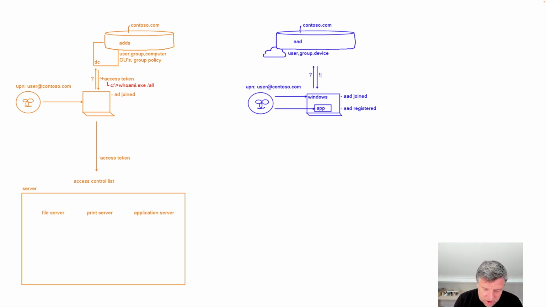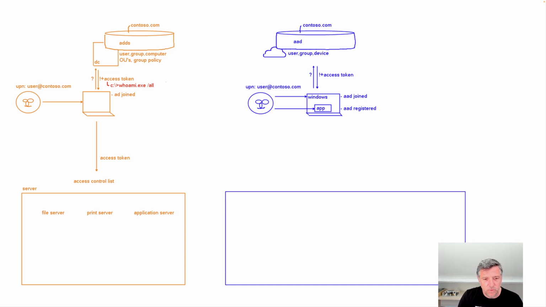In Azure Active Directory, obviously, we want multi-factor authentication enabled. However, if we successfully sign in, then we get the access token, and then we are going to connect to stuff. However, the stuff that we are connecting to with Azure Active Directory is not a server, but we are signing in to those cloud apps that we mentioned earlier.